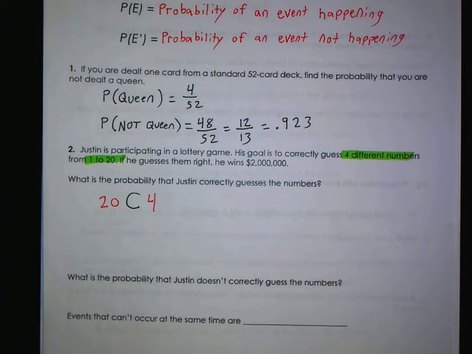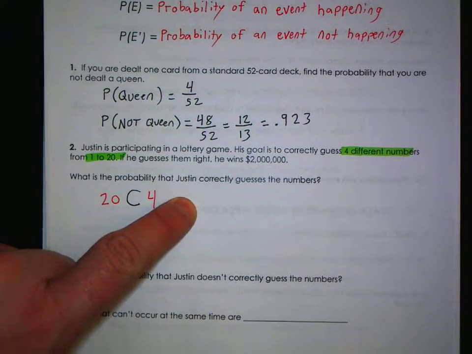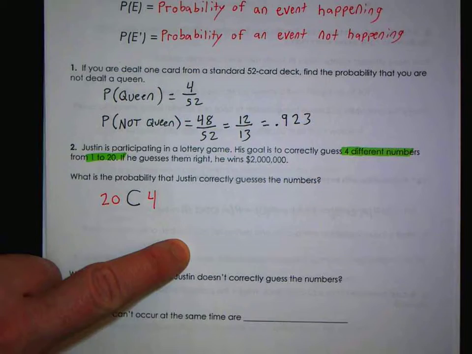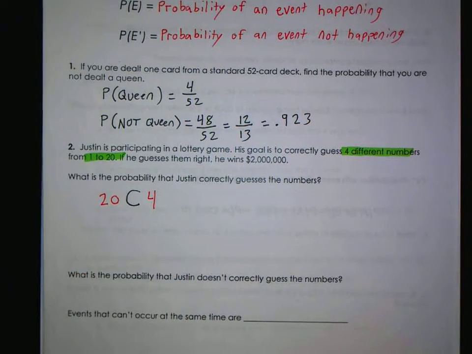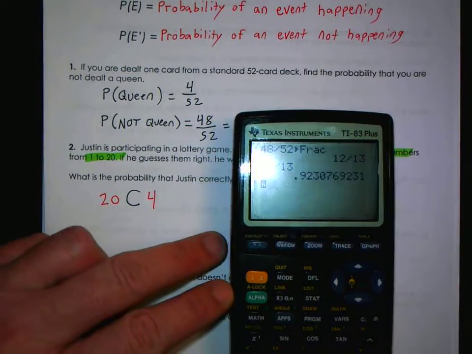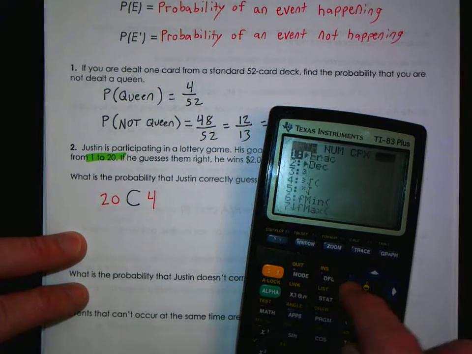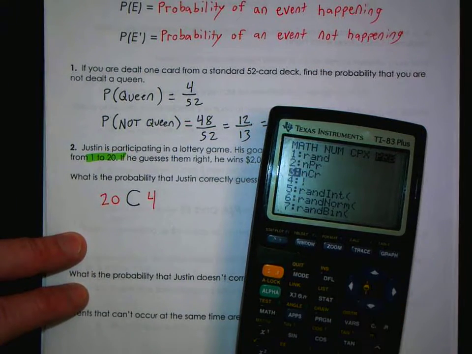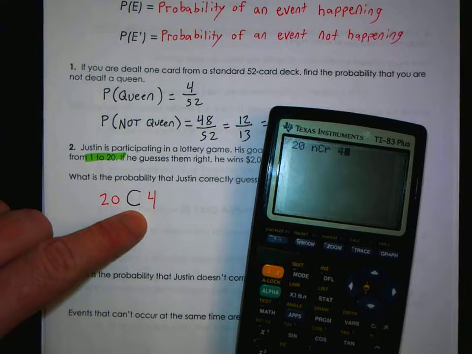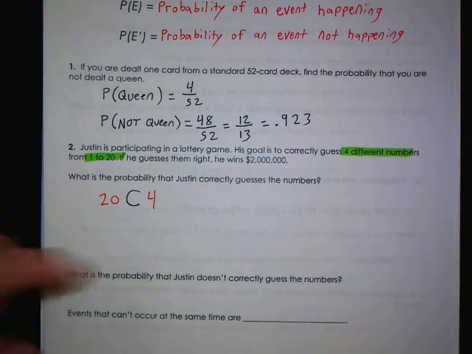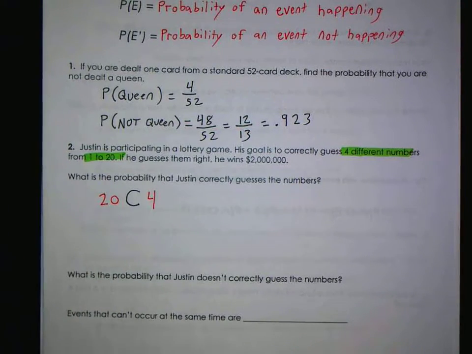And again, I showed you before how to do this mathematically. So equals 20 factorial over 20 minus 4 factorial and 4 factorial, remember that? But I'm just going to type it in the calculator. So 20 math PRB, go to the C function, 4,845 different combinations.